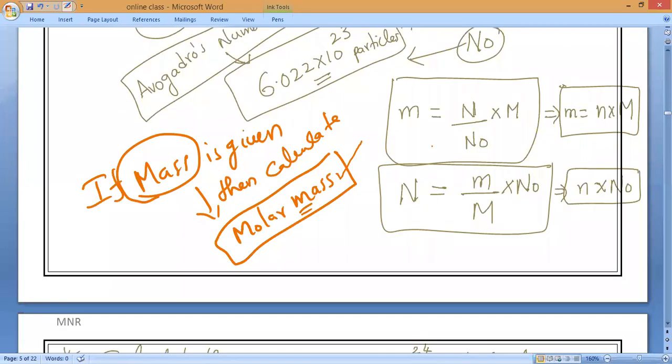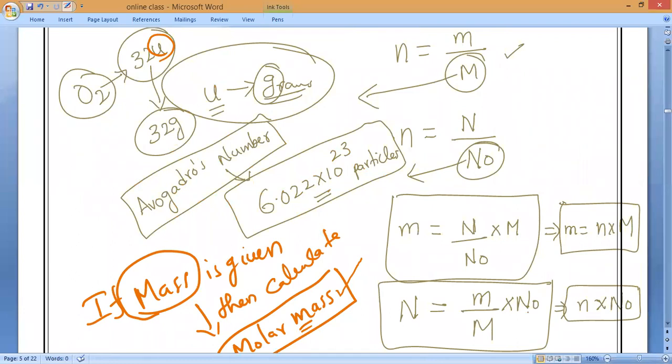So which formula do we have to use? First, second, third or fourth? Third formula, because the particles are given and they are asking us to calculate the mass.